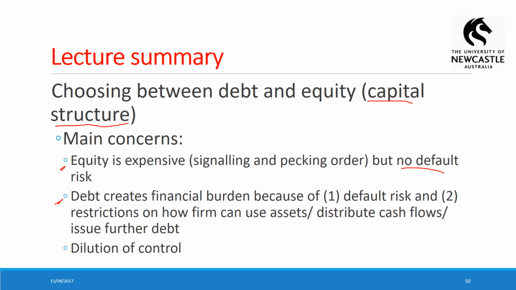It has also some restrictions on how the firm can use their assets because of the collateral requirements and the covenant restrictions, yeah? Finally, the issues of dilution of control. By issuing too much equity, existing shareholders lose some of the control rights, right? So these are the issues associated with the choice between the equity and debt. Okay. So that concludes our lecture regarding the weighted cost of capital.